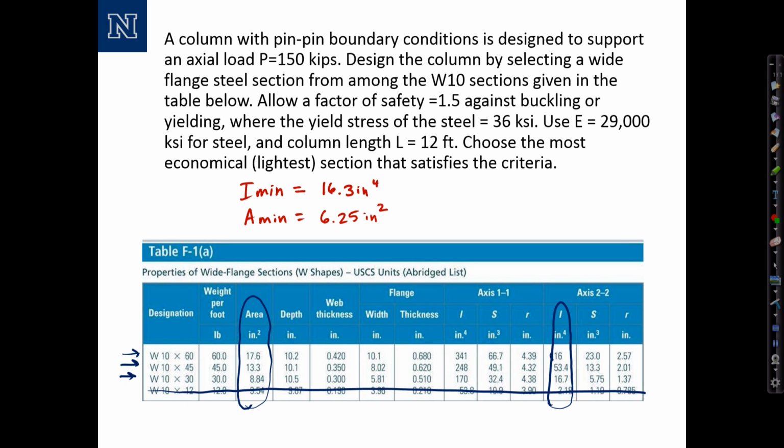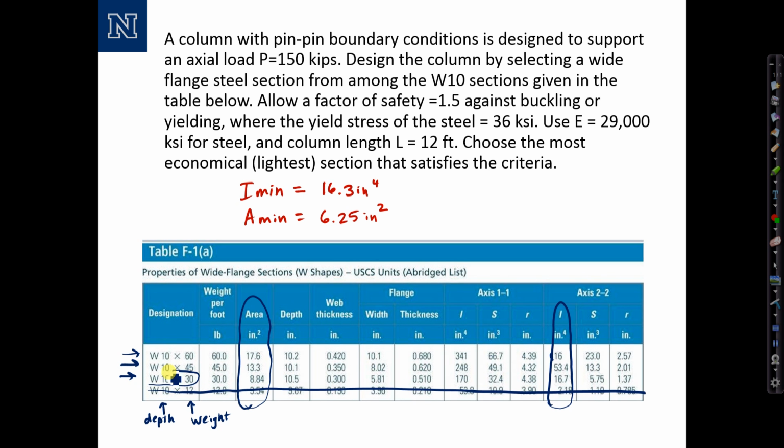We want to choose the lightest one, and if you recall the designation for a wide flange section, the first number is the depth. They're all about 10 inches deep. The second number is the weight, and it's given in pounds per linear foot. The weight is directly proportional to the size, and the lightest section is the one that is going to be the most economical.